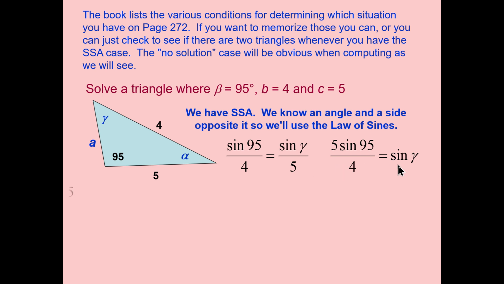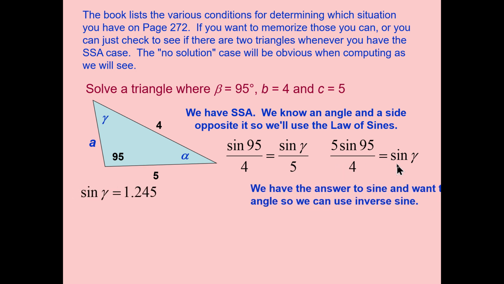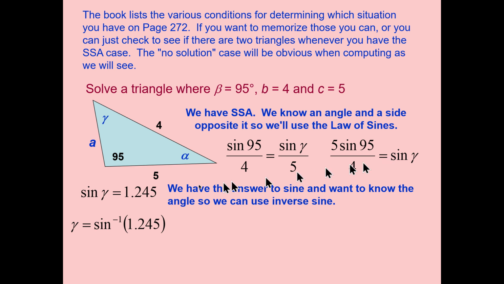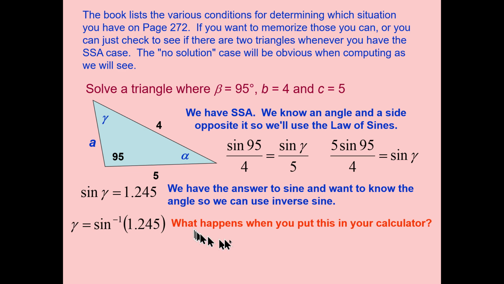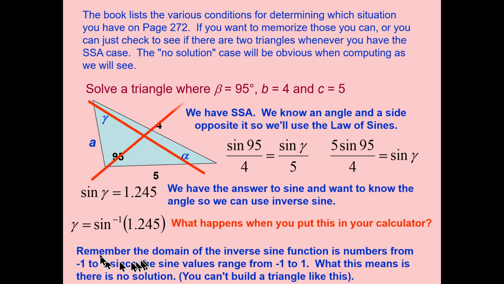Take the inverse sine here. And what happens? As it turns out, the sine function only goes from -1 to 1. What this means is that there is no solution here; you cannot build a triangle with these dimensions.